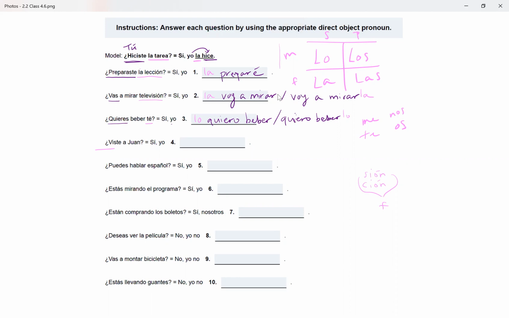Okay. So, let's do one more. And then I'm going to have you guys try some on your own. Okay. Viste a Juan. Juan is a person, but we're talking about him. So we're still going to use one of these four: lo, la, los, or las. Which one are we going to use for Juan? Lo, because he's a boy. And then our verb is viste. It comes from ver, and the yo form only has two letters. Vi. Yep.